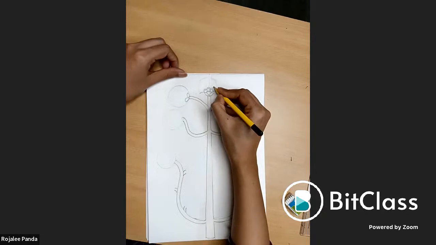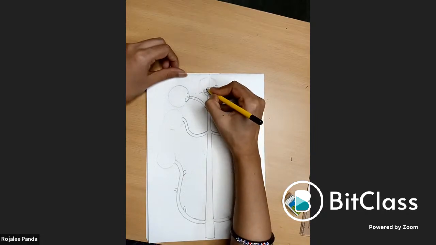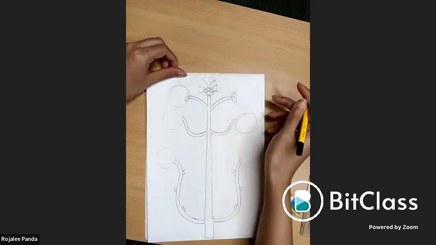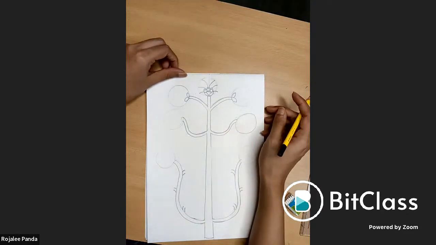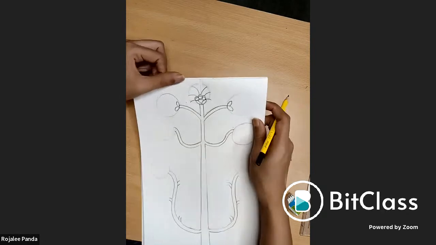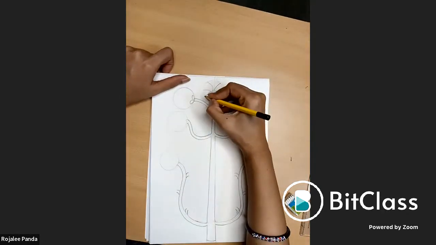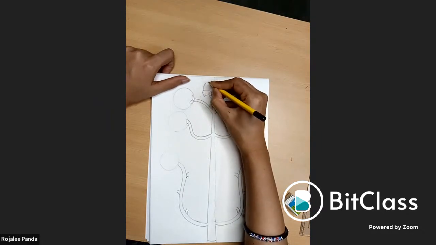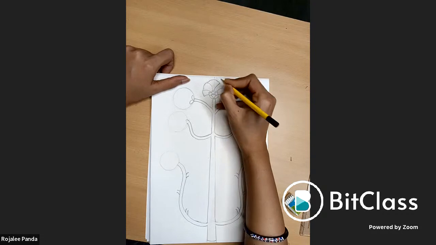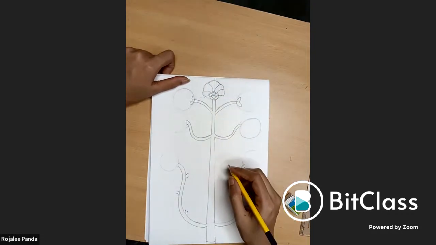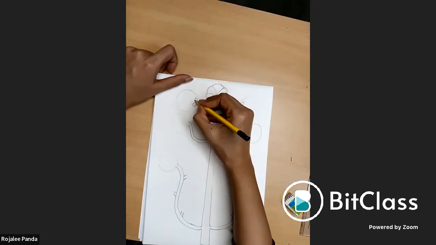And I will add some curved lines here. Like this, 6 curved lines I add and start adding this type of pattern. The same thing I will add here.